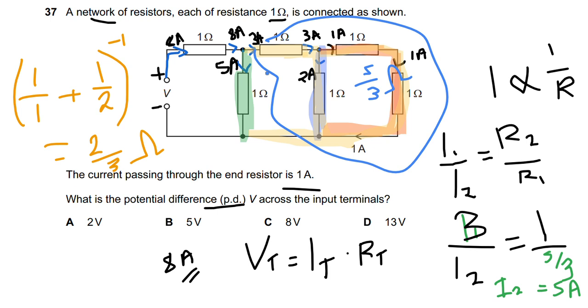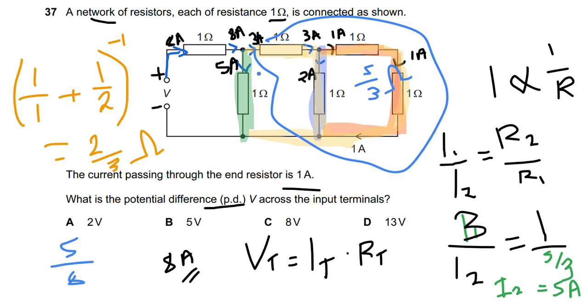Now, this part of the circuit looks like it's in parallel with this 1 ohm, right? So if we do our math correctly, they should give us a resistance of 1 divided by 5 over 3 plus 1 over 1, and the inverse of that. Well, that gives us 5 over 8.